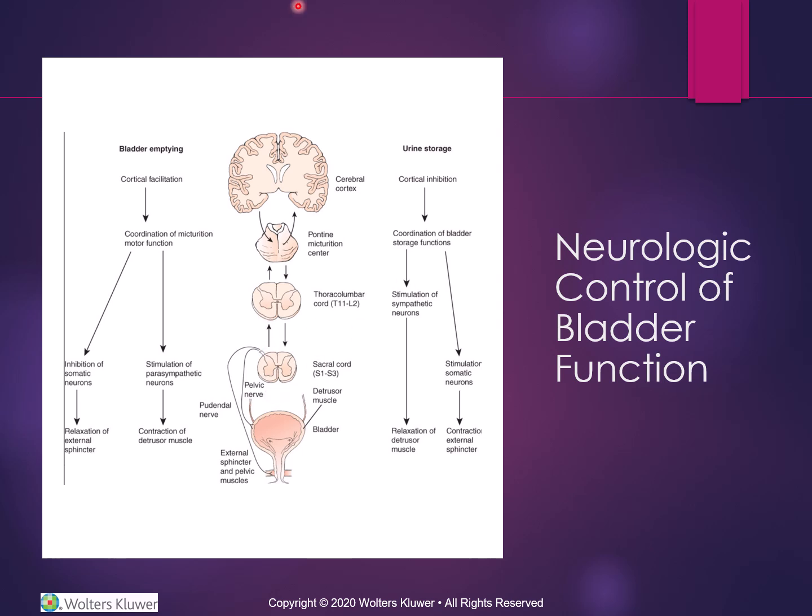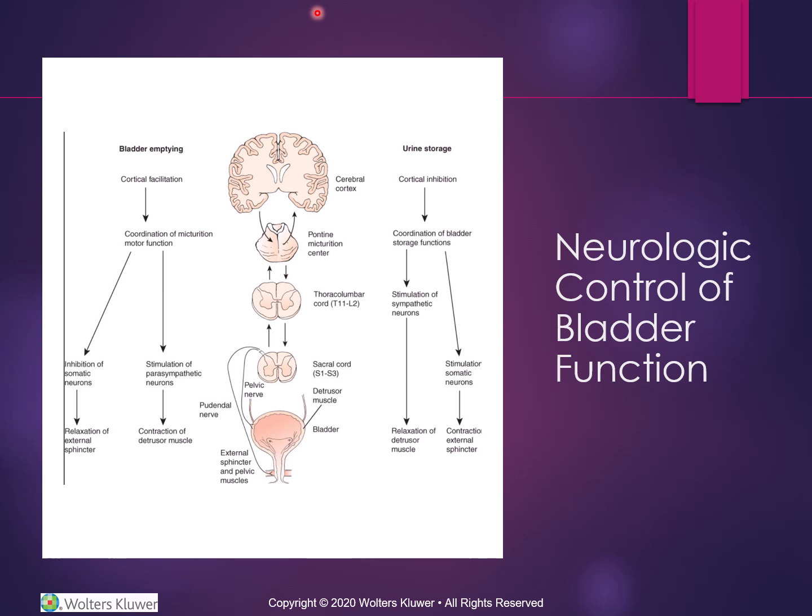So it's receiving signals from the forebrain that come down, and it is also receiving information through the spinal cord directly from the bladder, again for things like stretch. The micturition center is the coordination center for activity of the detrusor muscles, as well as the external sphincter.